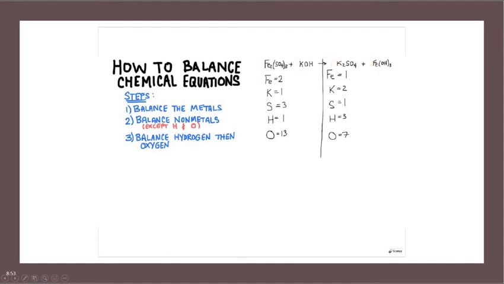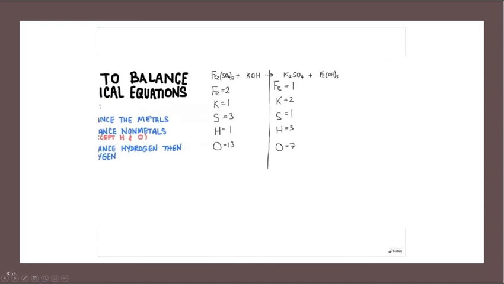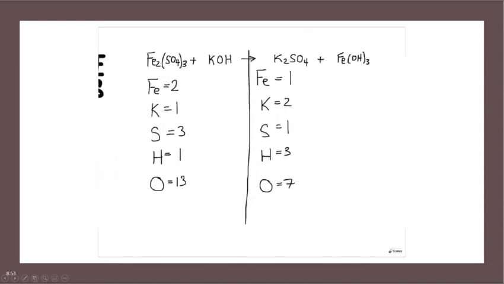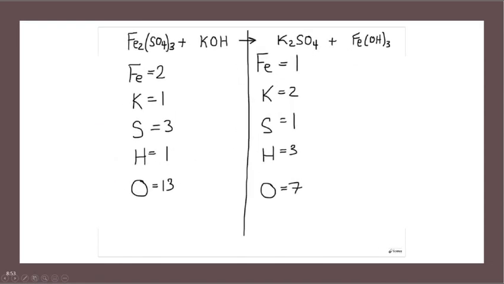Now in reality, that's not what it would look like. We got to change these amounts of each of these molecules, or these compounds I should say, because we want these numbers to all balance each other. So here's the first thing I'm going to do. I'm going to put a 2 right in front of that iron hydroxide.